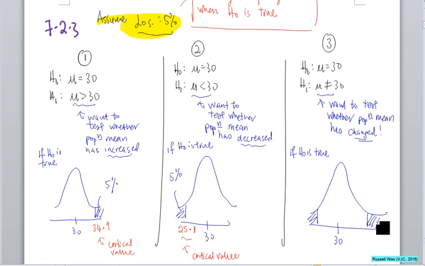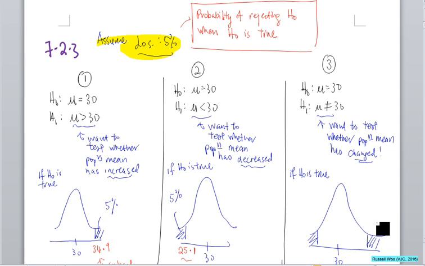Why? I need to make use of this idea again. The probability of rejecting H naught when H naught is true. Now again, if H naught is indeed true, that means it's 30. Out of 100 tests, you want to have a 5% chance of arriving at the wrong conclusion. But the wrong conclusion can be obtained from here or from here.